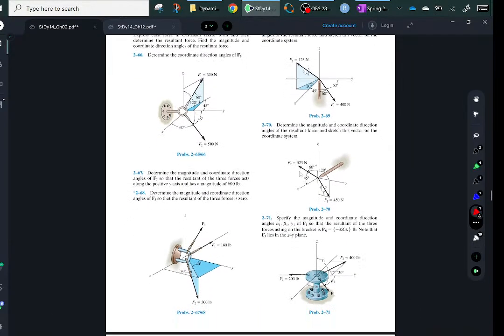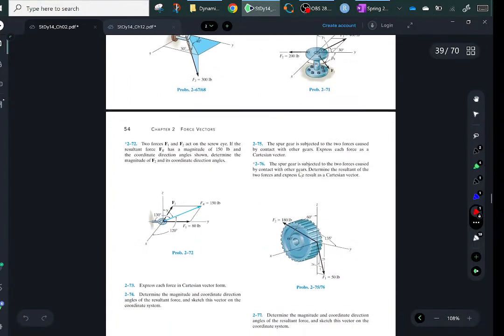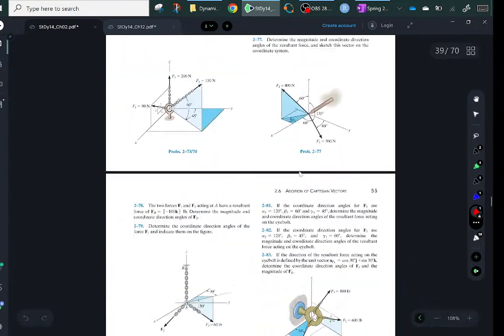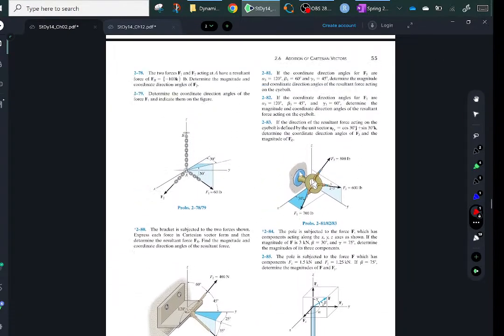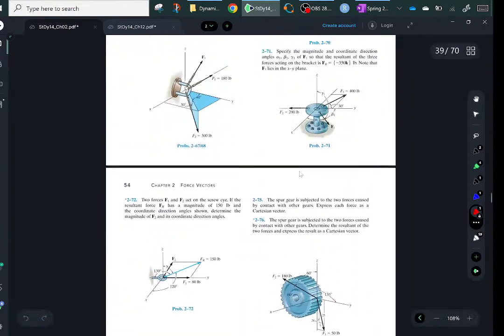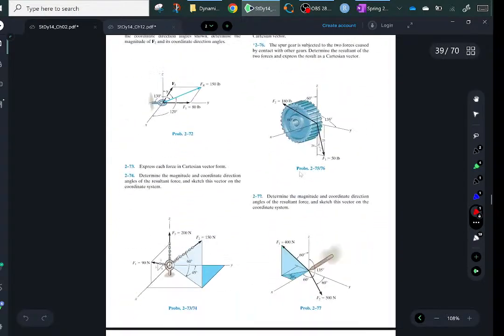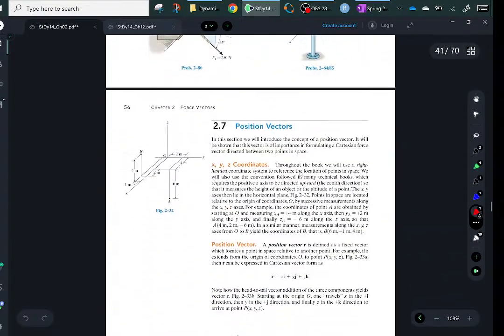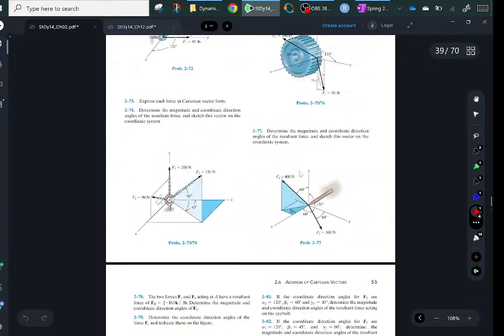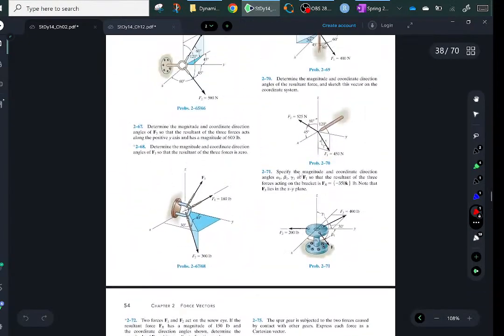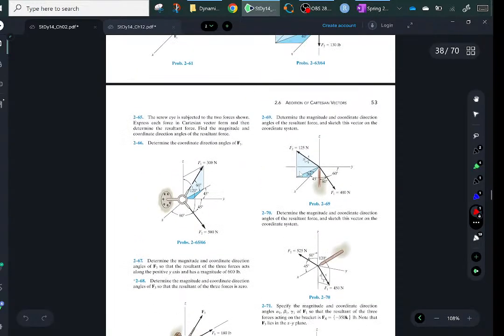I may have to end up working two problems instead of just one. Well, I guess in this section, this is before the position vector, so maybe I can just do one. One that has, maybe that one.